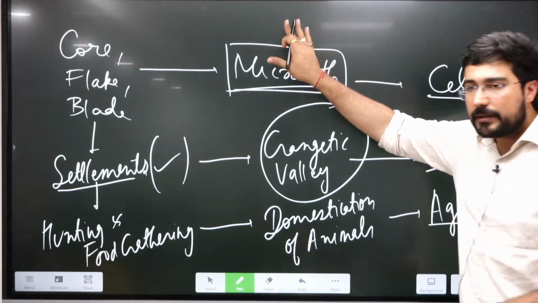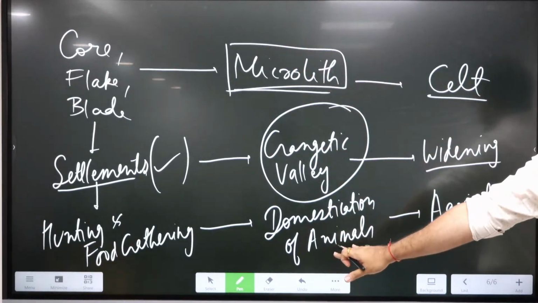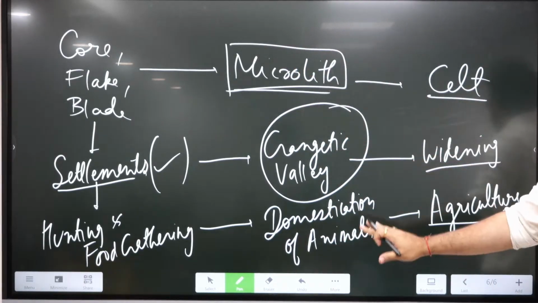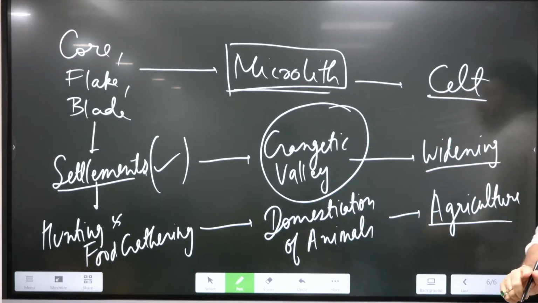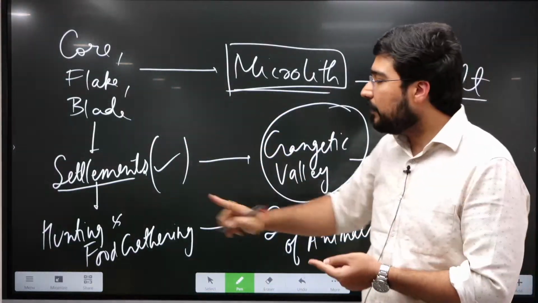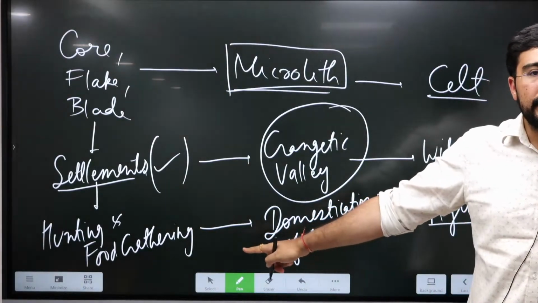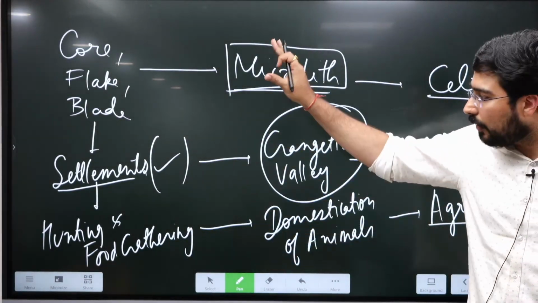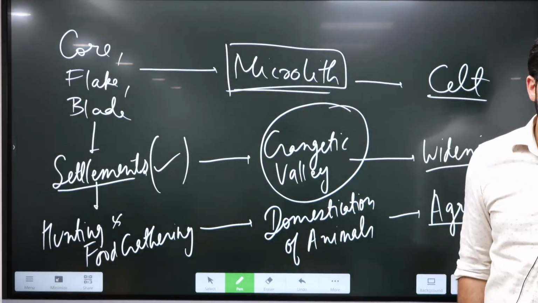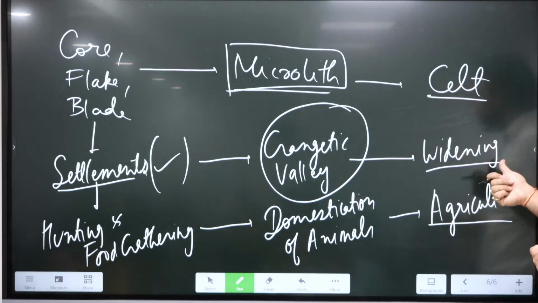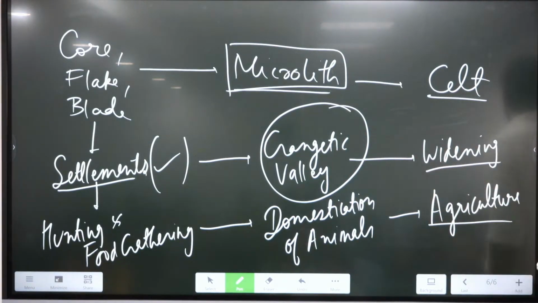So you can see some form of transition can be seen in the Mesolithic age with respect to many areas. It can be technology of tools, it can be settlements, it can be even the basic subsistence of human being. In all these three we see transition during the Mesolithic and then further shift towards the Neolithic.